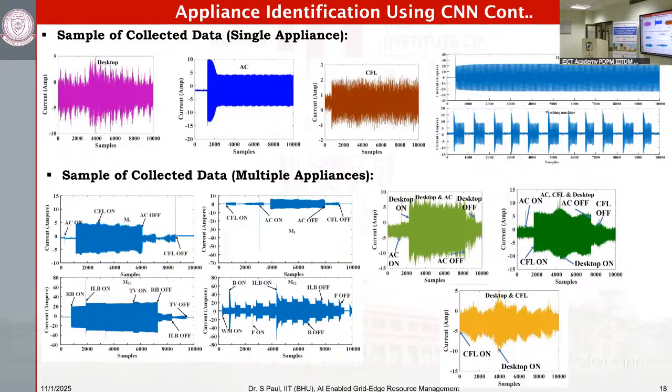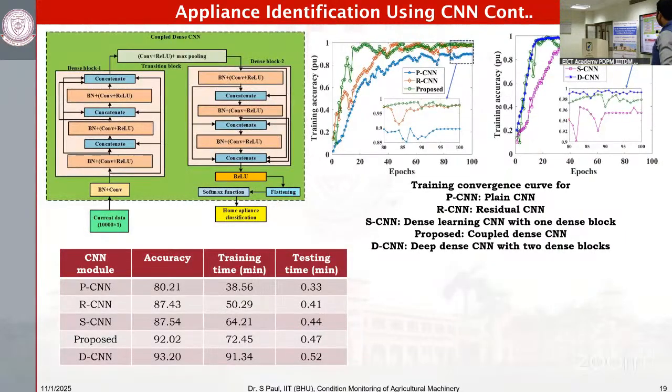If you see the washing machine, sometimes it gets turned off and sometimes turned on. Here also we applied dense learning at the initial level when I started learning convolutional neural networks, and I saw that the accuracy reached 93% with a simple CNN with dense learning.